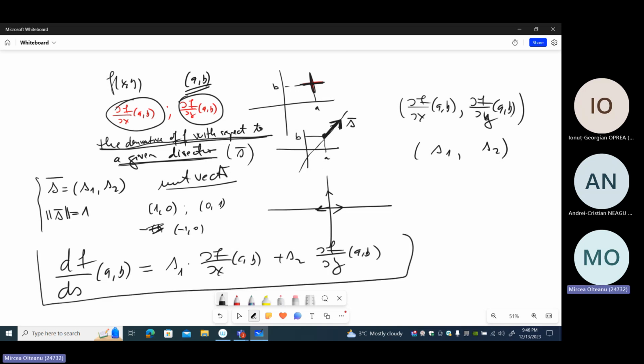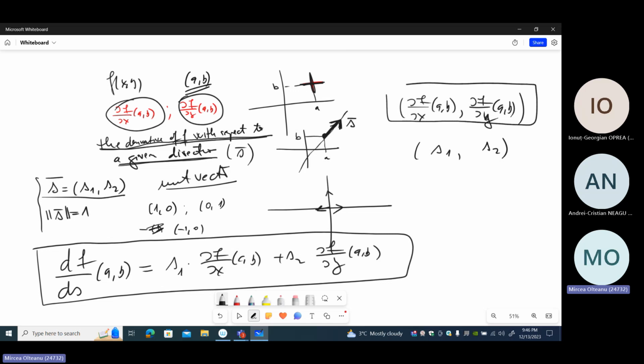This is the derivative of f with respect to a given direction S, given by a unit vector, nothing but the projection of this vector on this direction.